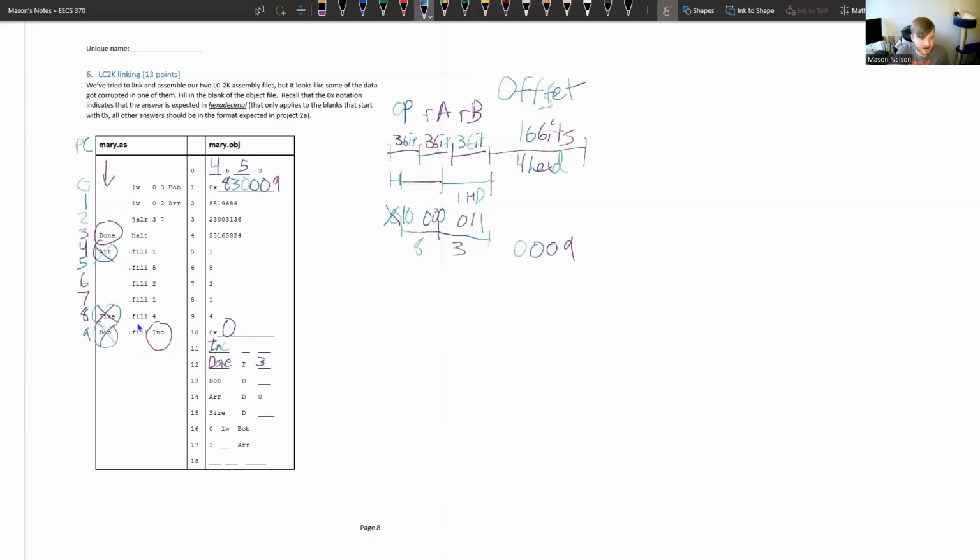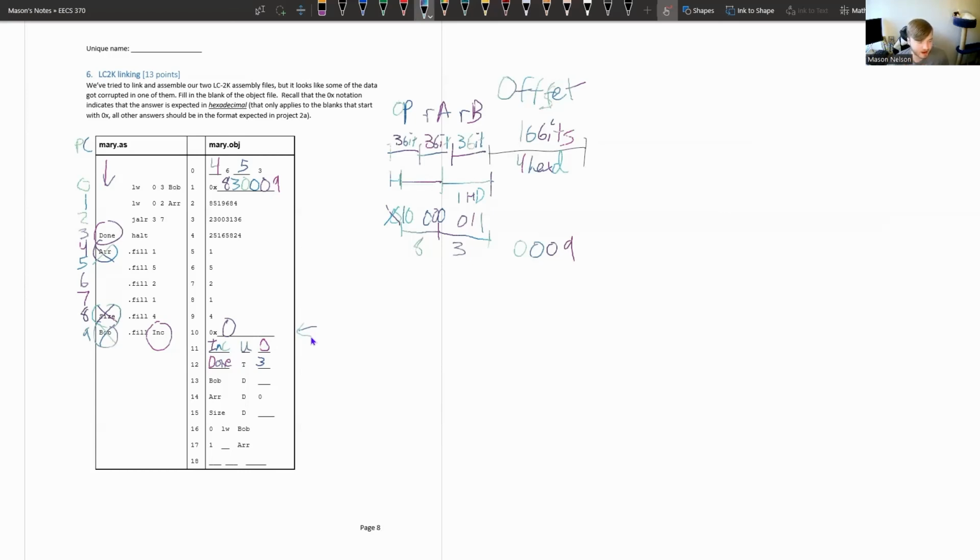Ink isn't defined in the file anywhere in the text or data, so we're going to put a U there. And then for all undefined symbols in project 2A, we made the address 0. Right, and that follows the same idea as why we put in a 0 for the machine code in the first place. So that should be easy for us.